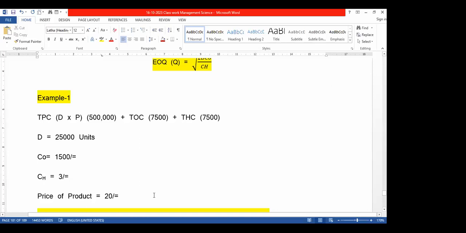Okay, right. Total holding cost for form 144 is 1,500. So the correct answer is 5 lakhs and 15,000. Right.